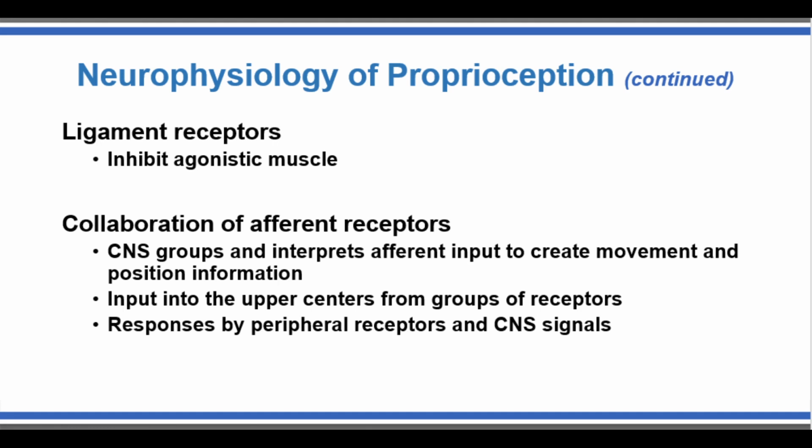So once again, the central nervous system is instrumental in not only grouping, but also interpreting that sensory input to create movement, as well as facilitate input into the upper centers. And that is not from just individual afferent receptors, but from groups or populations of receptors.